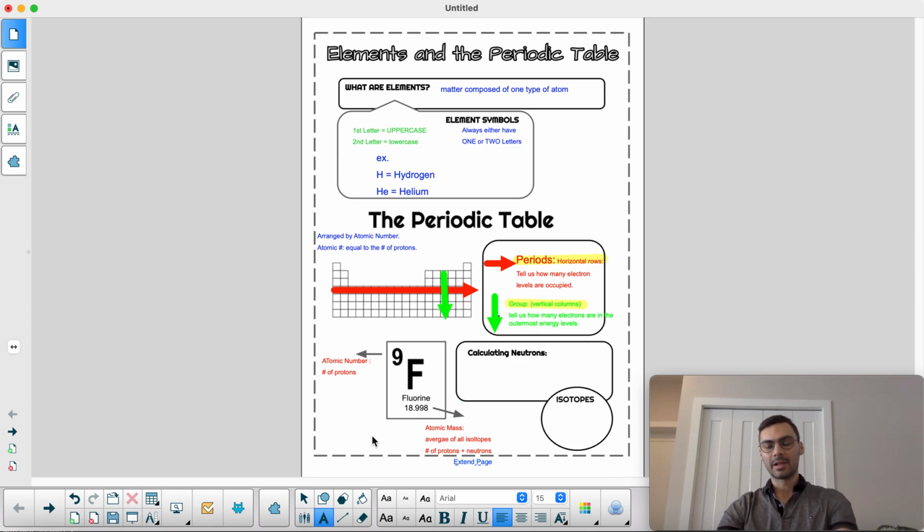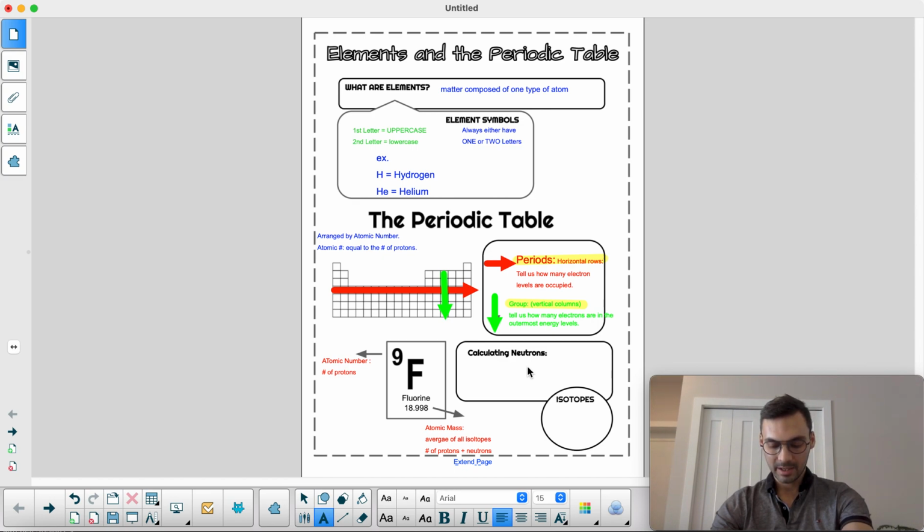Now, why wouldn't they all be the same? I told you that matter is composed of only one type of atom. Well, even when they're all the same, they might be missing one neutron, or they might have an extra neutron, and I'll add a video which shows what that word isotope means and how they're actually pretty cool and used in a lot of science, like in nuclear power plants and in a lot of things like vaccine development and stuff like that.